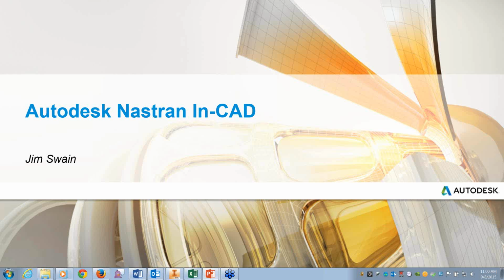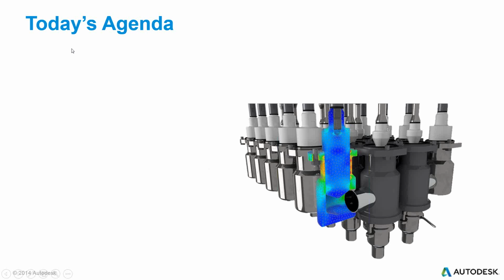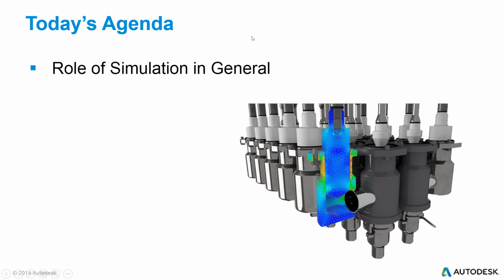Looking at the screen here, I realize just how bare this introduction screen is, so we'll move on fairly quickly. What we're going to be doing today is, there we go, sorry, a little bit of technical glitch on my end.